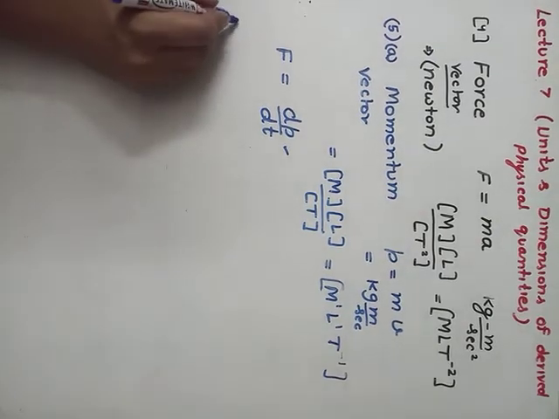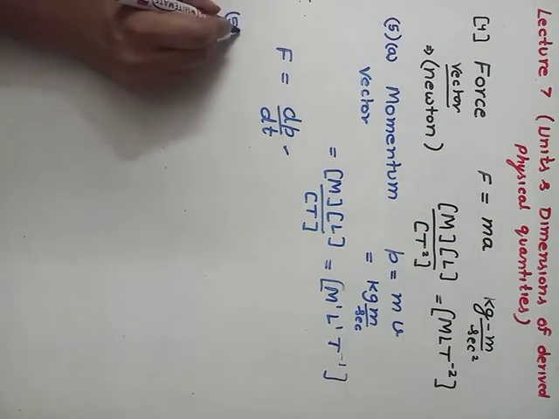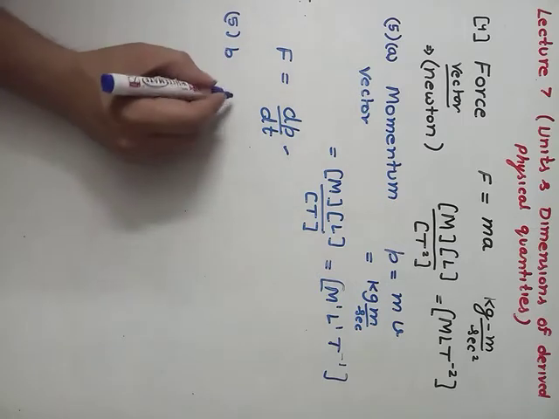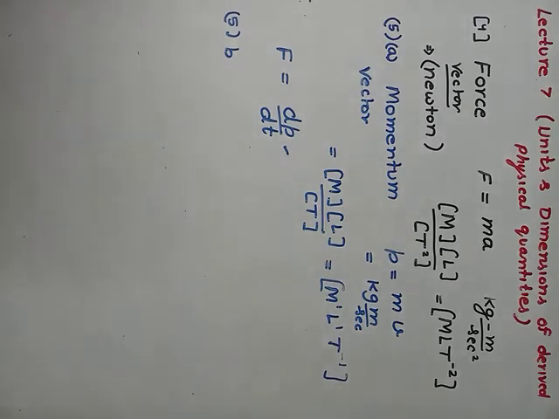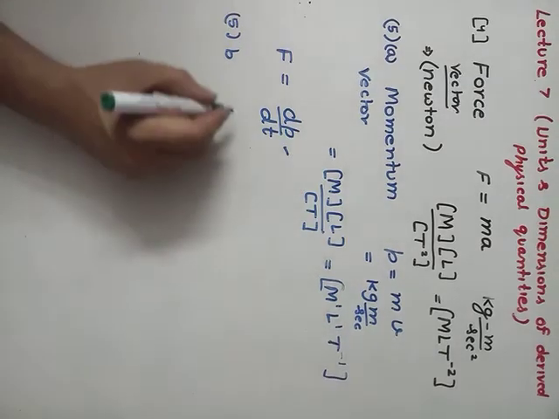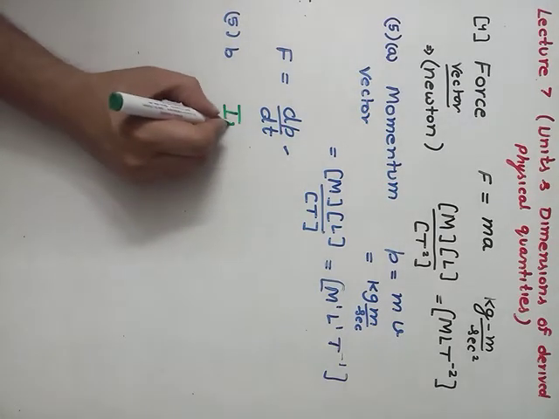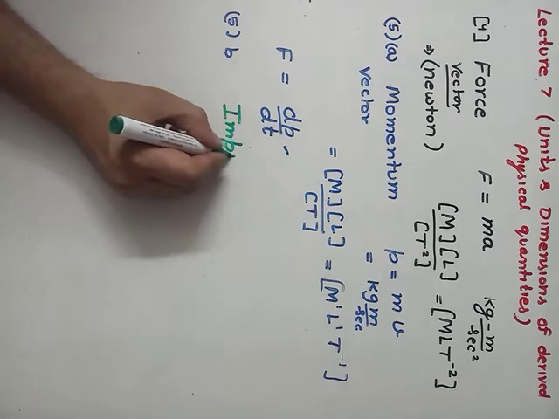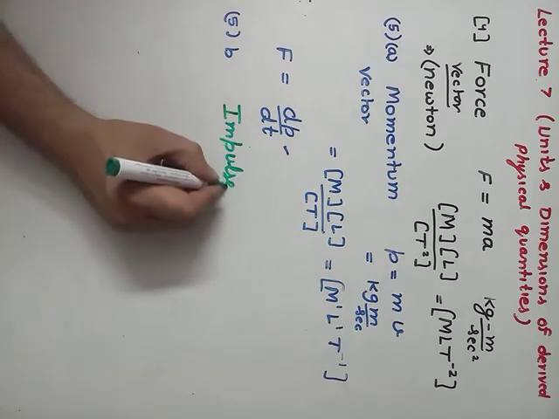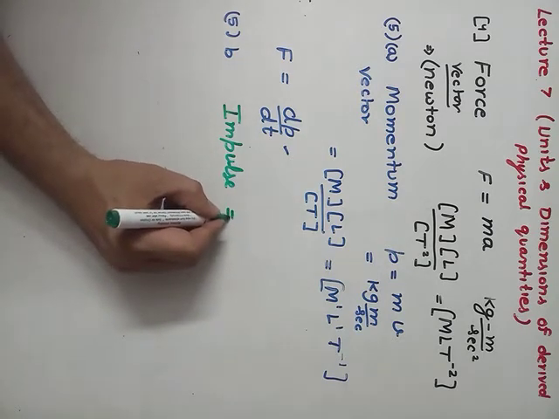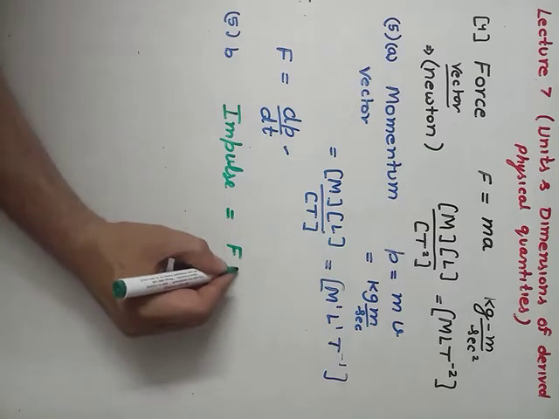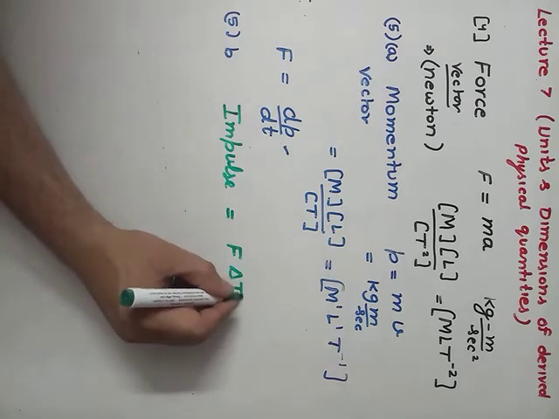5b, these two physical quantities have the same dimension: one is momentum and the second is impulse. What is impulse? When we apply a large force for a small duration of time, we call it impulse.